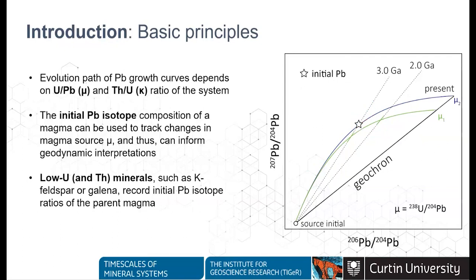As mentioned, once we have the initial composition of the magma, we can use that to distinguish magma sources that are differentiated to varying degrees, which is exemplified by the 2 white stars in this figure here, representing different mu values of the magma source.